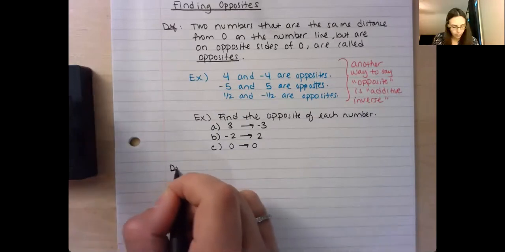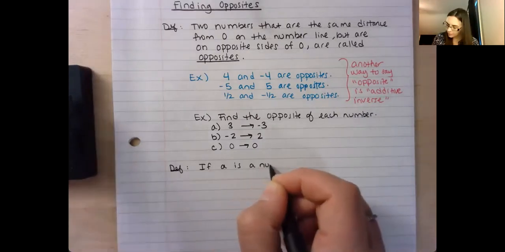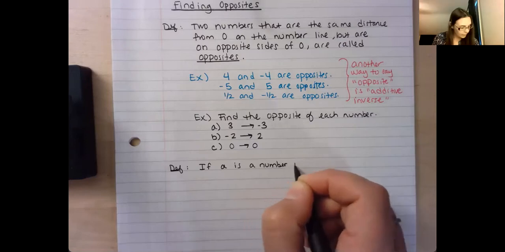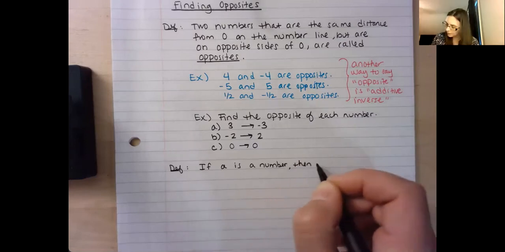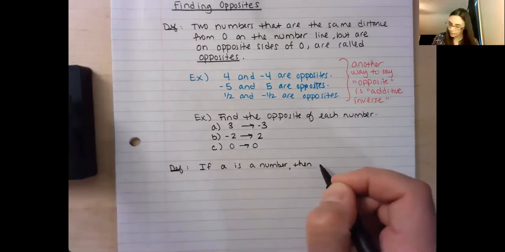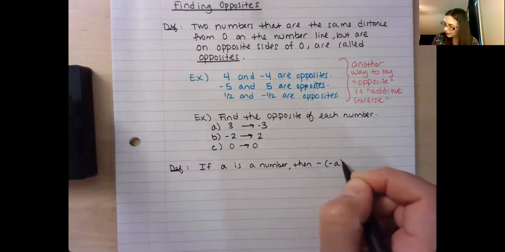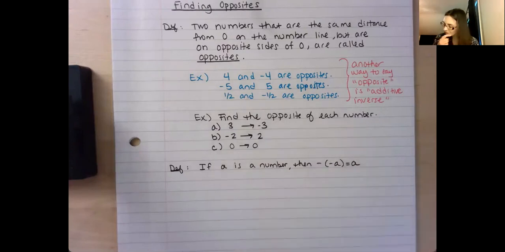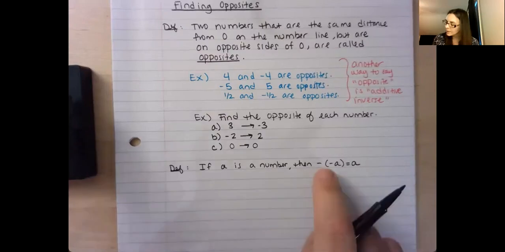And also, more formally, sometimes we will write this: if A is a number, then negative negative A becomes A. What's happening here is you have two negatives.